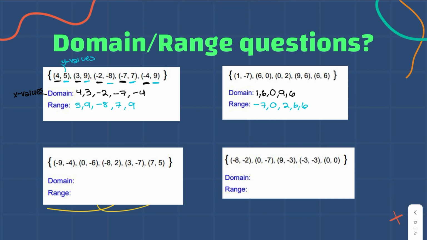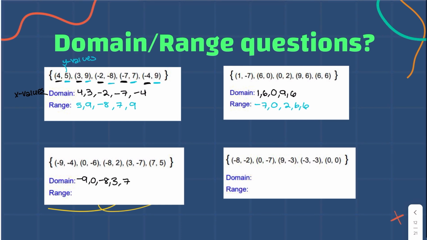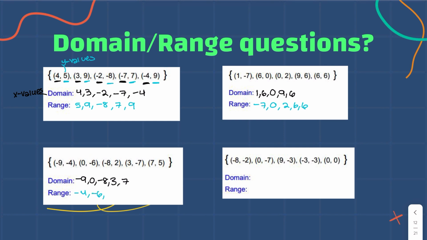For the next one, domain is -9, 0, -8, 3, and 7, and the range is -4, -6, 2, -7, and 5. The last one domain is -8, 0, 9, -3, and 0, and the range is -2, -7, -3, -3, and 0.